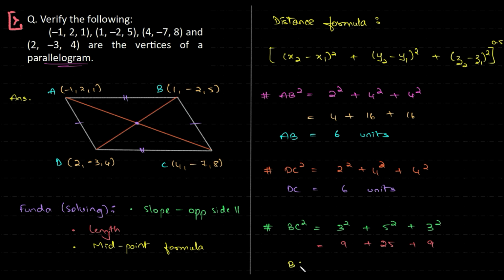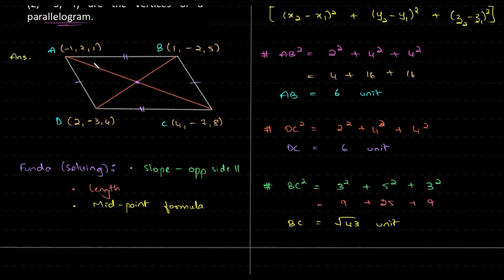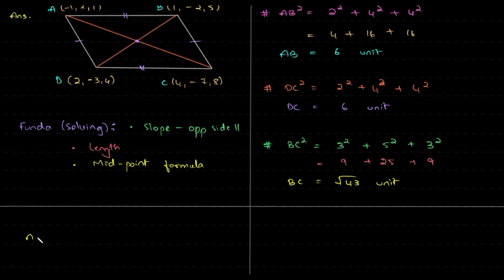So BC is square root of 43. And finally, even AD has to be the same. AD square would be 3 square plus 5 square plus 3 square. Same thing. So AD is root of 43, did I do the math right? Yes, 43.